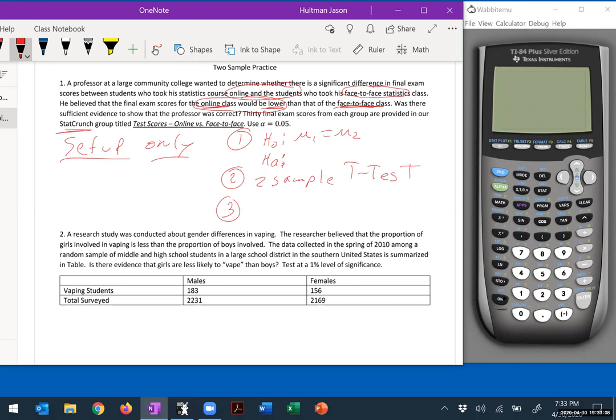So if we let mu1 be the online class, then we would expect that the online class would actually be lower, okay? So let group 1 be the online class, and let group 2 be the face-to-face.